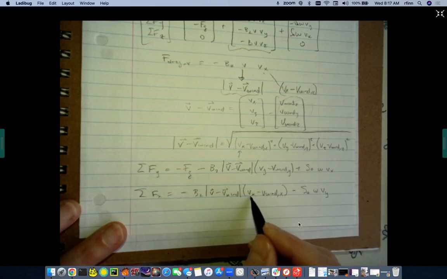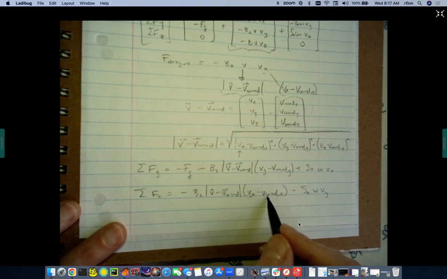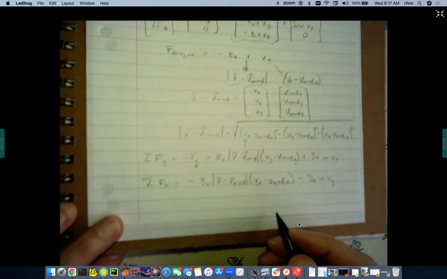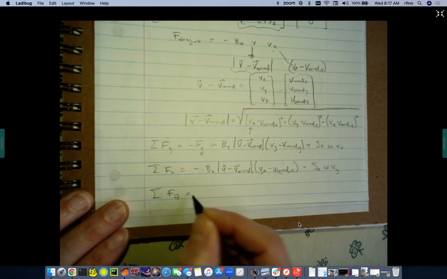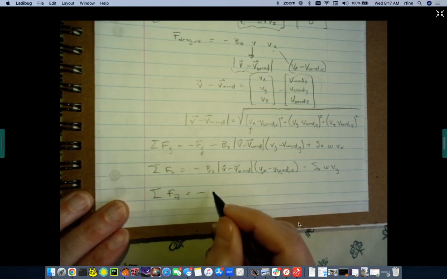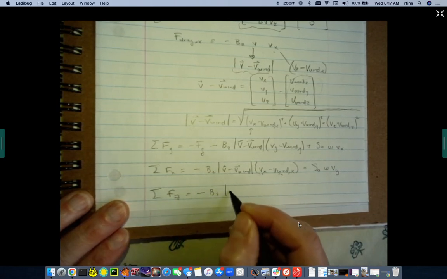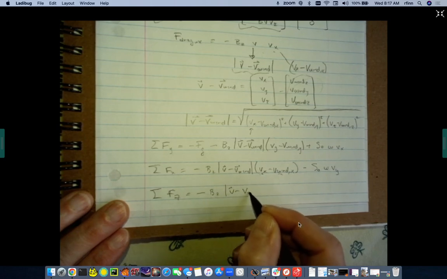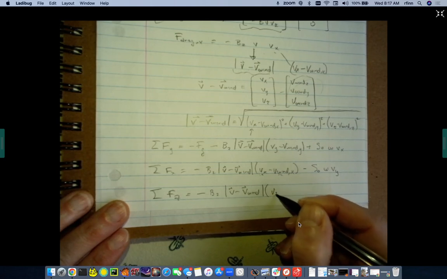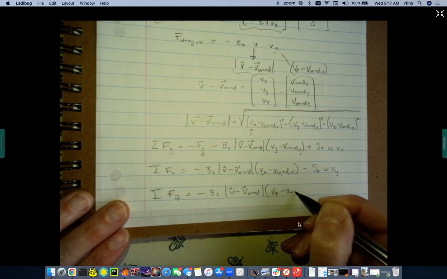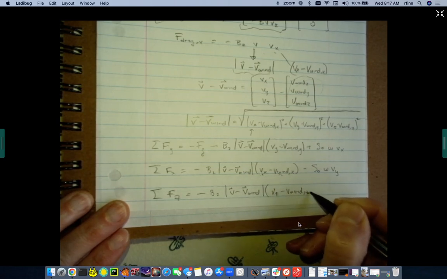When I'm saying V here, this is really the velocity of the ball, the x velocity of the ball, and this is what the wind is at that particular step. Again, I have a function that will give you that. And then finally, the z component is just going to be the air resistance term, so negative B2 times the magnitude of V minus V wind, times Vz minus V wind z.